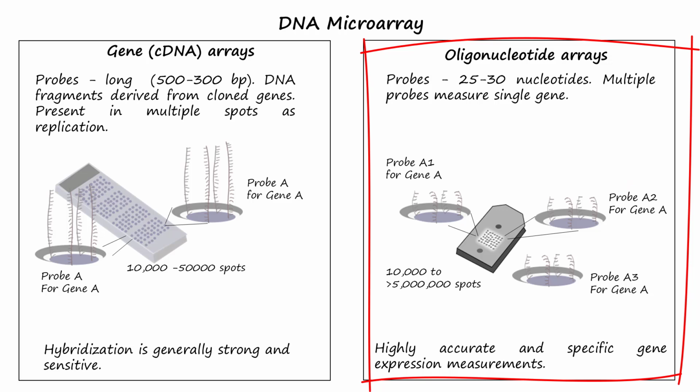A single gene is often represented by multiple probes targeting different regions of the gene, improving the accuracy and specificity of expression measurements. Oligonucleotide arrays can also distinguish between highly similar gene sequences, transcript variants, and mutations.